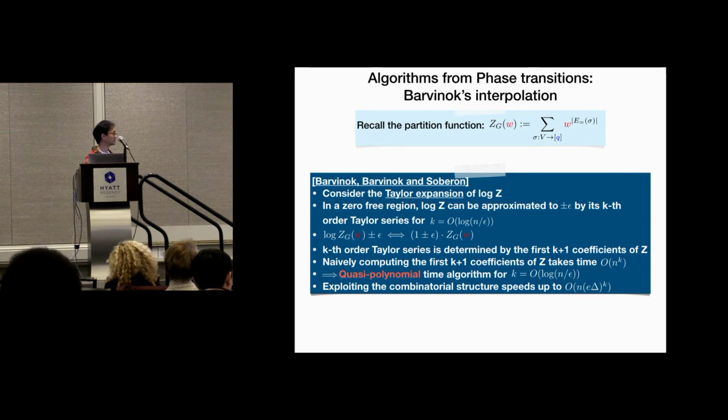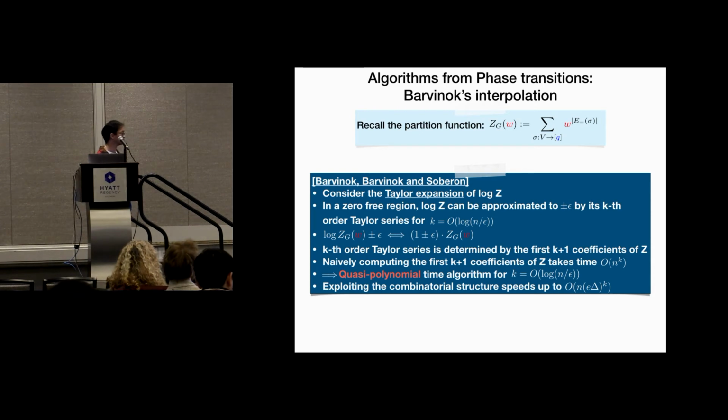Given a partition function, suppose that it's zero-free in some region. What Barvinok's interpolation method does is the following. Let's consider the Taylor expansion of the log Z. Now, in a zero-free region, you can show that this Taylor series absolutely converges. And it can be approximated by the first k orders of the Taylor series by choosing this parameter k to be like log n over epsilon.